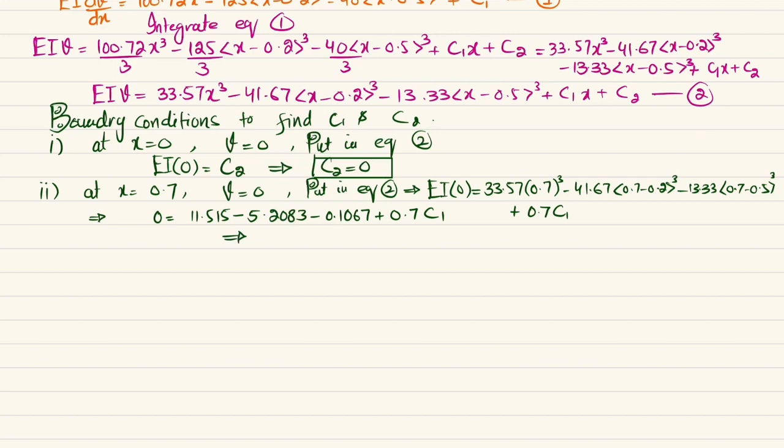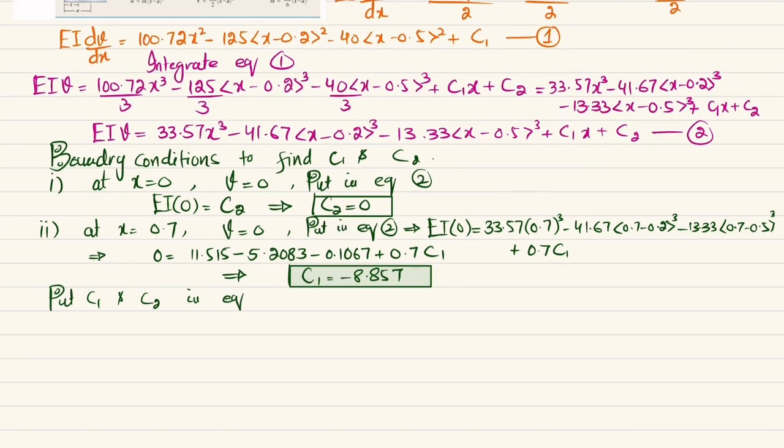When you calculate it, you will get C1 equal to −8.857. Now you have C1 and C2, so put C1 and C2 in equation number 1 to get the equation of slope.